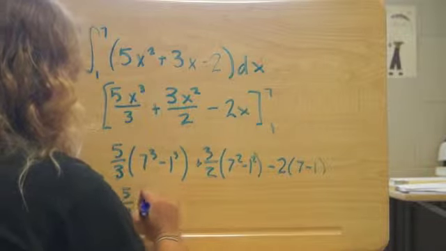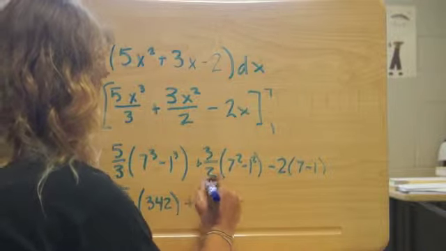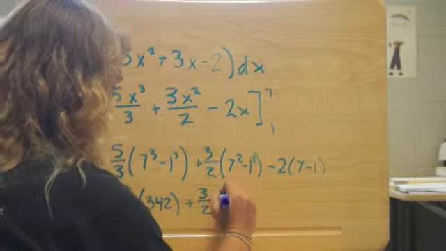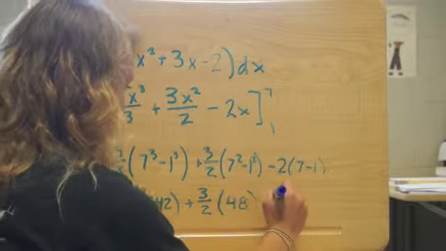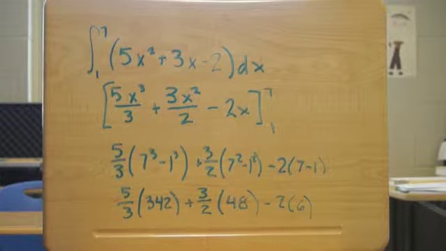For example, 5/3 x cubed becomes 5/3 times 7 cubed minus 1 cubed, and it's the same for each one. Then you simplify the answer and you end up coming to the final answer of 630 as well.